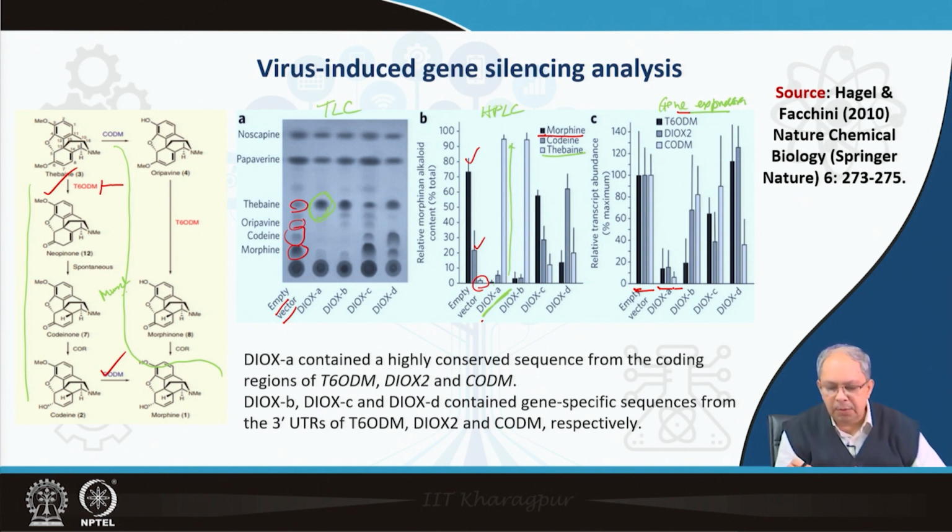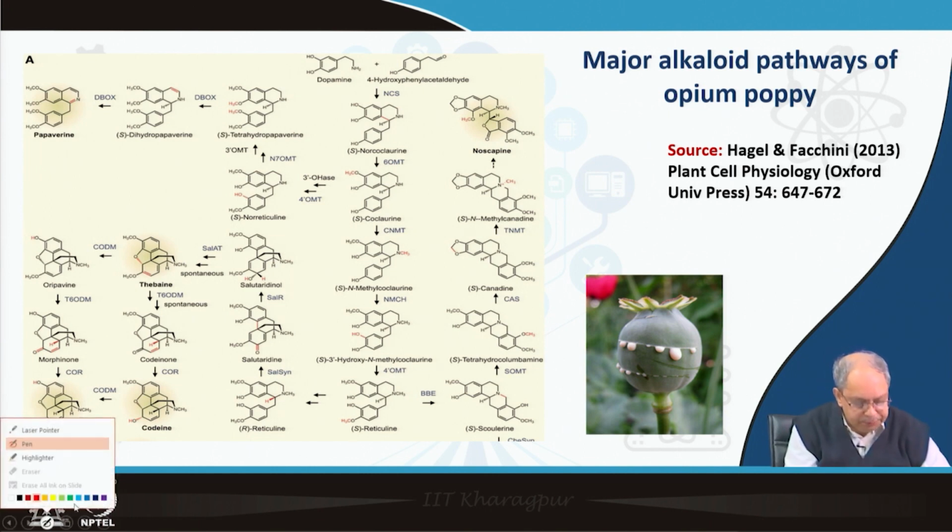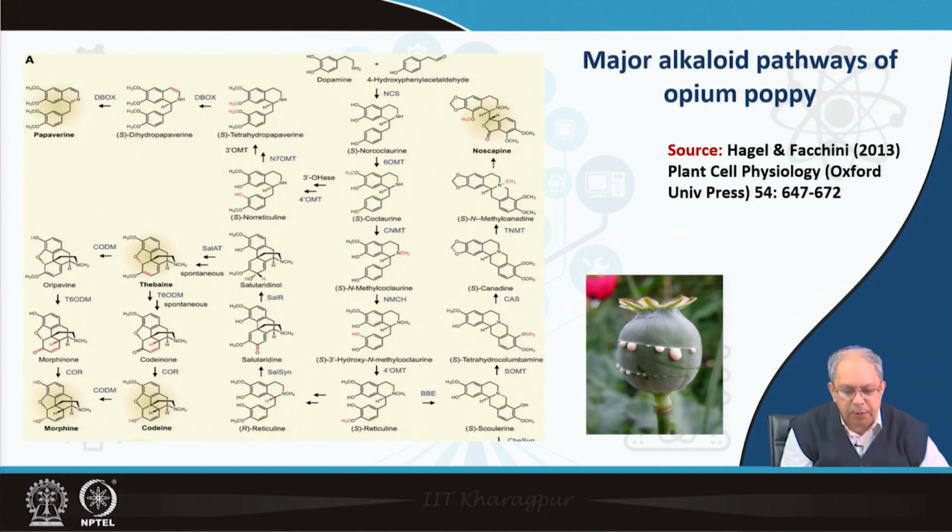And what has been found with this is that they have indeed characterized the right enzyme, and with this they finally elucidated the steps of morphine biosynthesis in both the cultivars, or both the varieties.